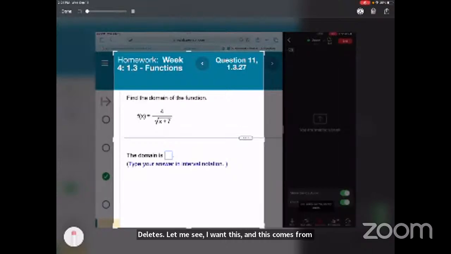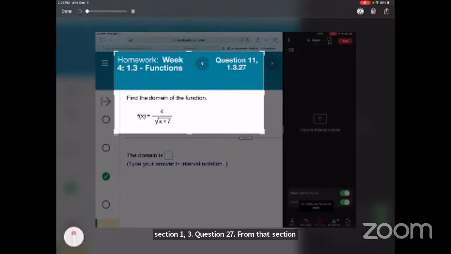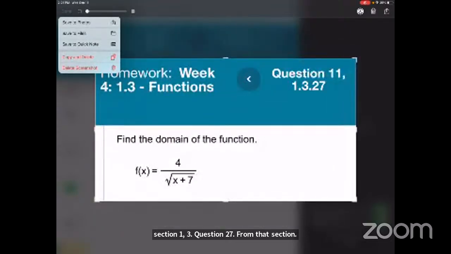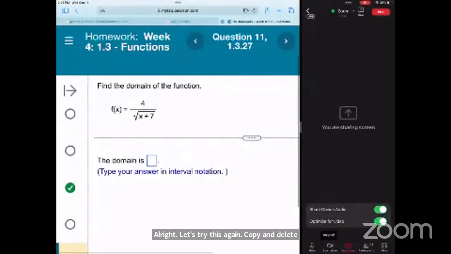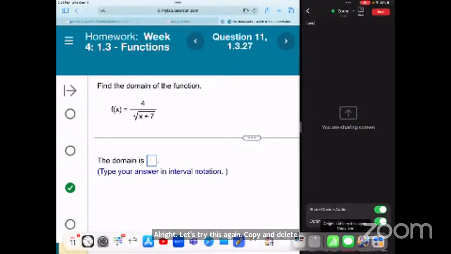Let's try this again. Copy and delete. You're still not going to let me paste? We're tripping today. That's not working. What do I need to do?